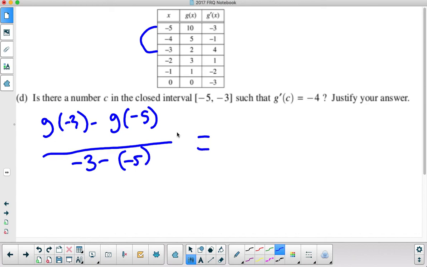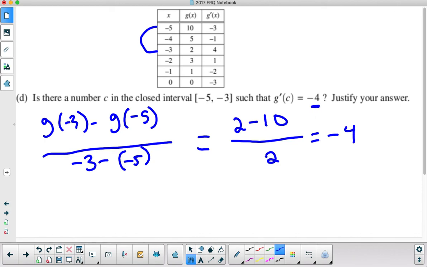All right, so g of negative 3 is 2 minus g of negative 5 is 10, over negative 3 minus a negative 5. That's just going to give me 2. So 2 minus 10, that's negative 8, divided by 2, that's negative 4.